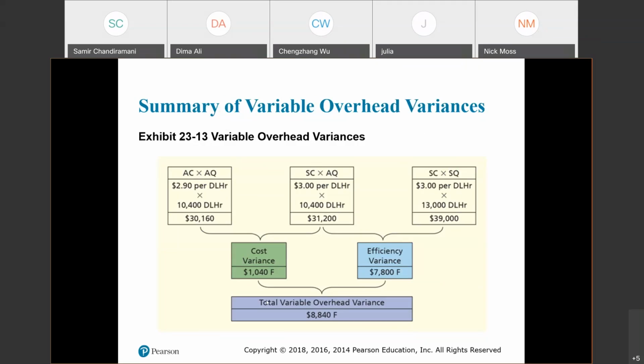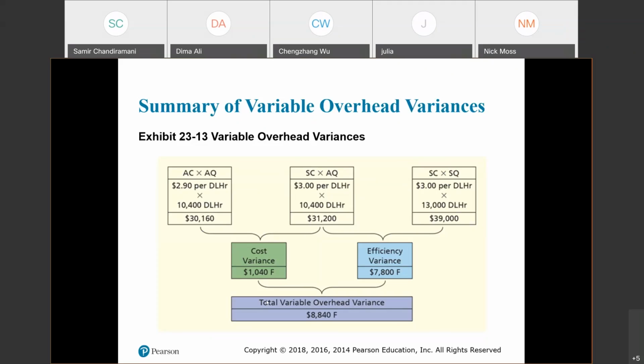This $8,840 favorable variable overhead variance indicates the variable overhead costs were less than expected. To manage these variable overhead costs, we need to get more insights.